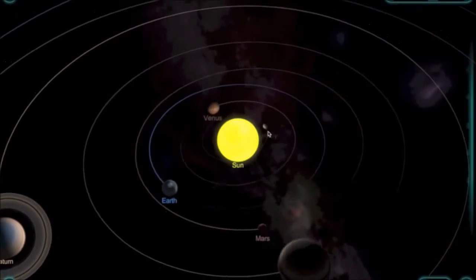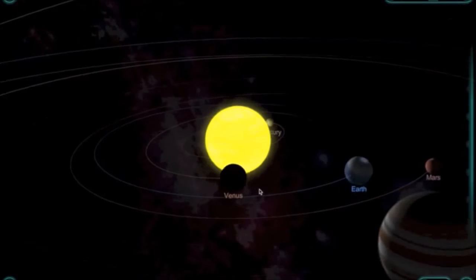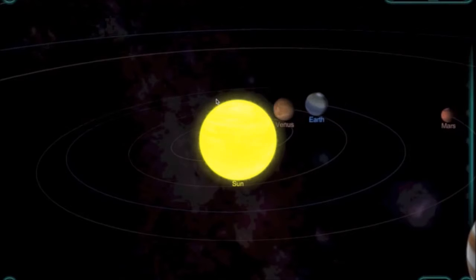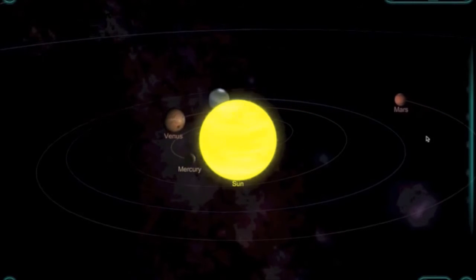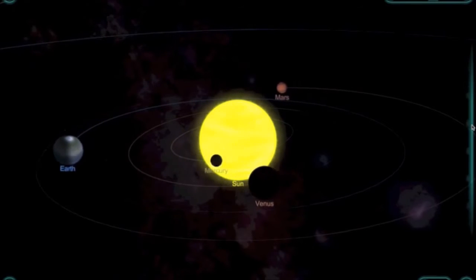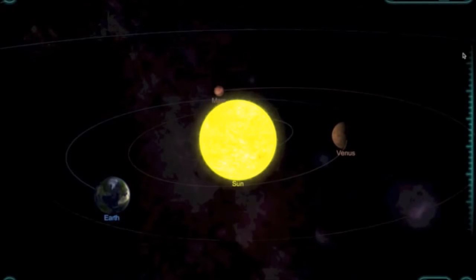I can turn this to the side a little bit so you can get a better idea of what it looks like, and I can zoom in so we can see what this looks like. Now as the Earth comes around the backside of the Sun here, I will slow it down so we can get a closer look at what the rotation actually looks like. So I'm going to stop it here, and we will go a little bit slower. And so here you can see the Earth rotating.